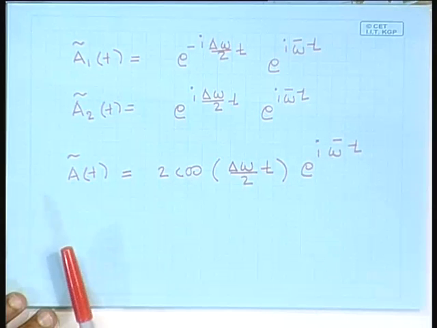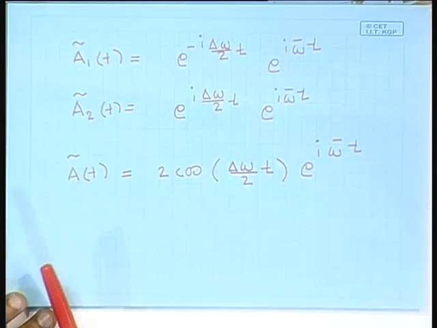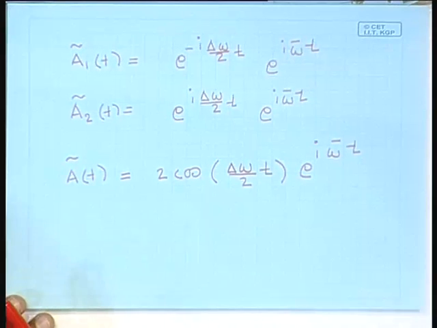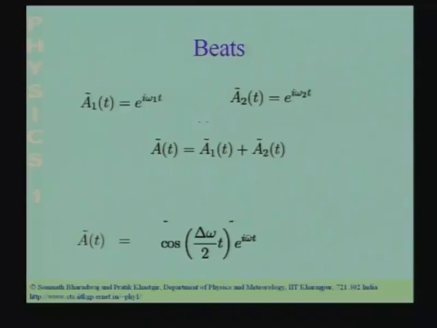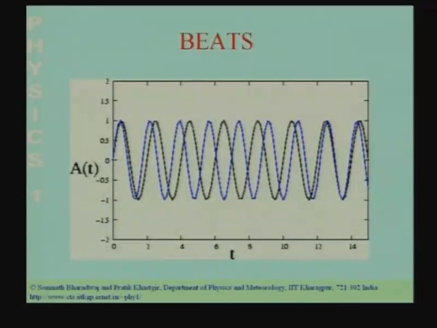So, if we superpose two waves which are very close in frequency, the resultant is a fast oscillation at the mean frequency, and its amplitude varies slowly at the difference frequency. We can interpret this physically.